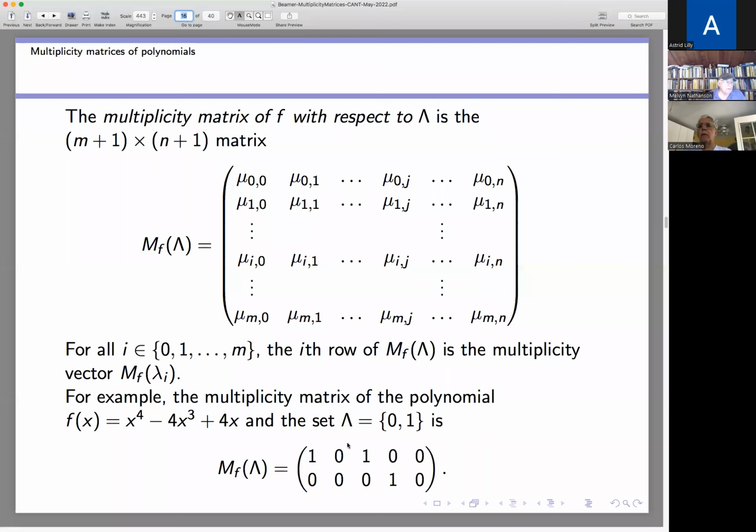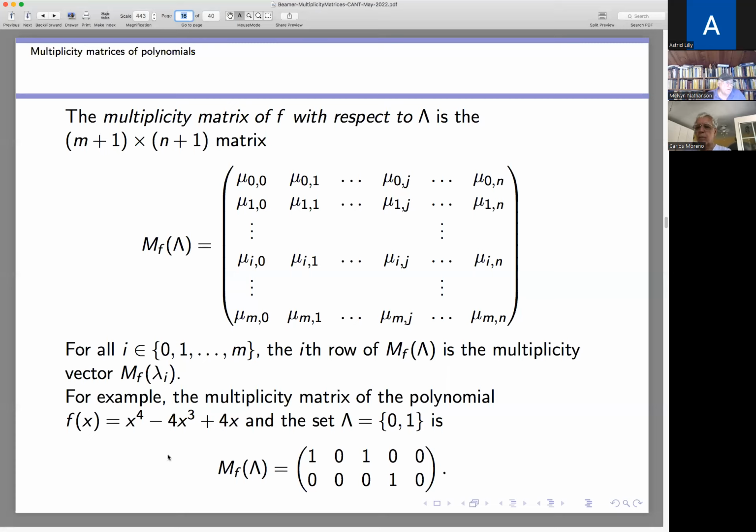So for example, here's the quartic polynomial x to the fourth minus 4x cubed plus 4x. I take lambda to be the set of just the numbers 0 and 1. So one can check, or assign it to your calculus class, that the first row of this matrix is the multiplicity of 0 as a root of the derivatives of f.